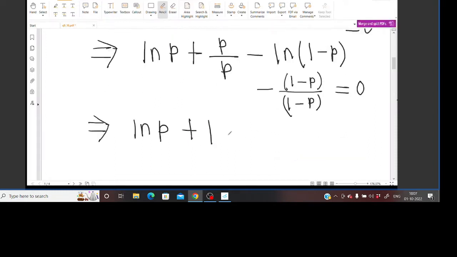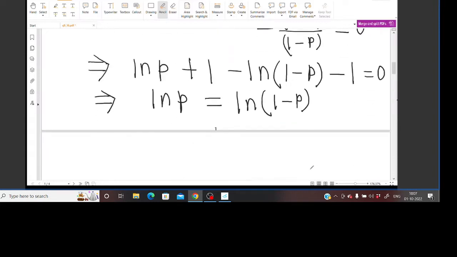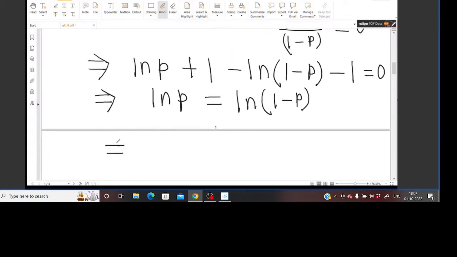So log p plus 1 minus log (1 minus p) minus 1 equal to 0. So log p is equal to log (1 minus p). This means p is equal to 1 minus p.